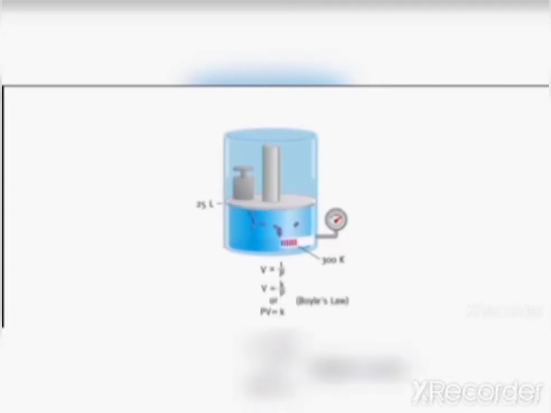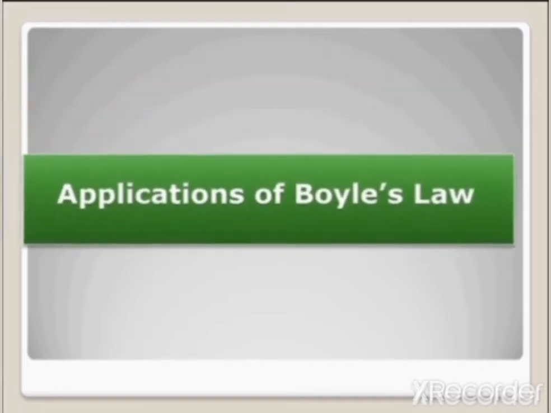As the pressure on the gas decreases, the volume that the gas occupies increases. The volume of the gas keeps on increasing until the pressure of the gas equals the atmospheric pressure, which is 1 atmosphere. Now let us do some applications of Boyle's law.